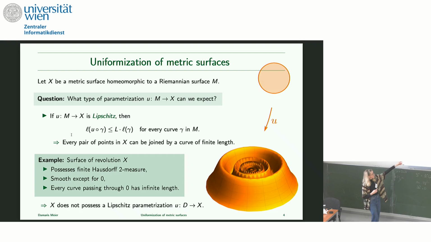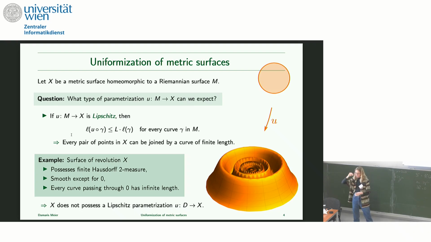And then, well, this surface of revolution that I just described is smooth except in 1 point, which is the origin. And we also observed that every curve passing through this 1 point has to go through the whole oscillation somehow, and therefore it's a curve of infinite length. What is the distance of the point 0?